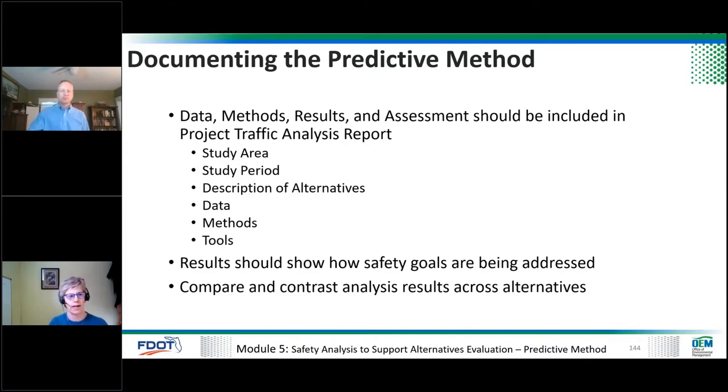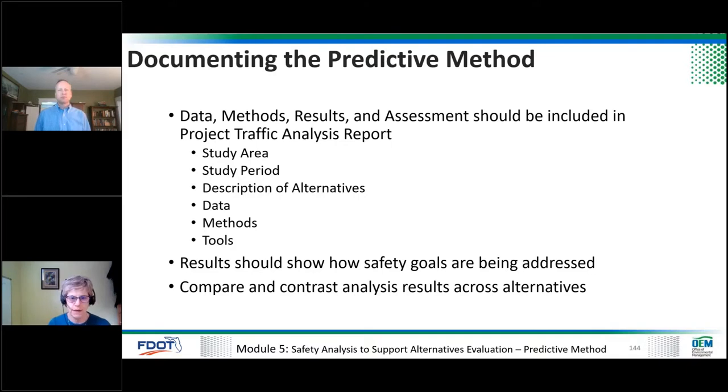If you think back to that table Rob showed at the beginning, we're looking to transparently document what we've done, so that if it had to be repeated, it could be, or somebody can use their judgment and say, yeah, I agree.